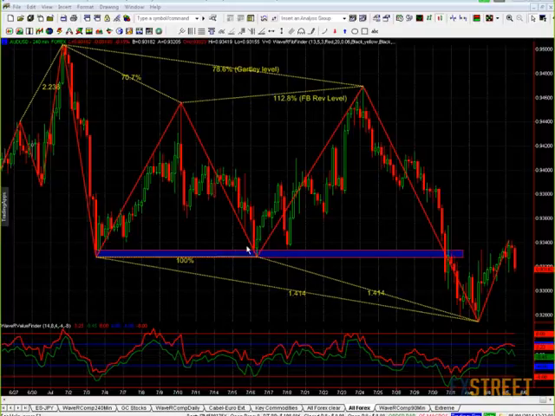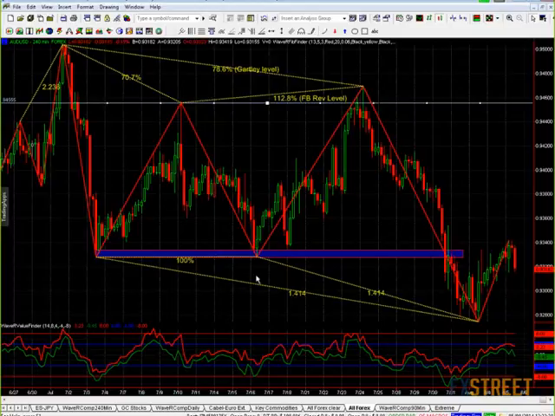Let's just take this little move from this peak. Put a horizontal line across so that you can see what I'm talking about in relation to the rest. And then let's look at this low. Now, this low just happened to be the same as the previous low.